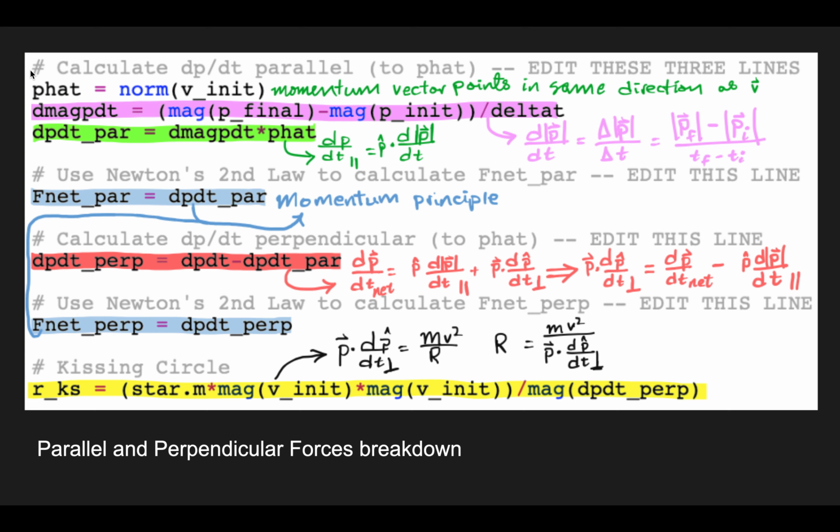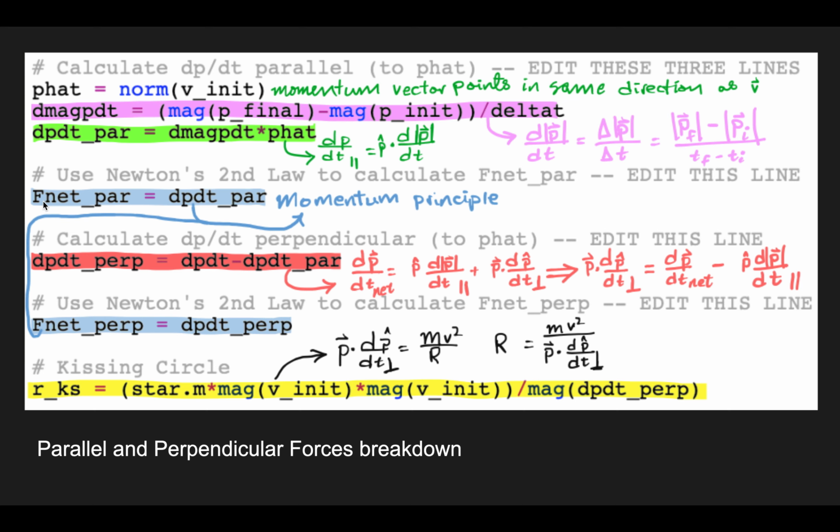Now we break down the change in momentum over change in time of the star into the parallel and perpendicular components. The parallel component is done using p hat times the absolute value of delta p, the momentum vector, over delta t, or dt, which we assume is small enough to give us accurate results in between the points that we take.